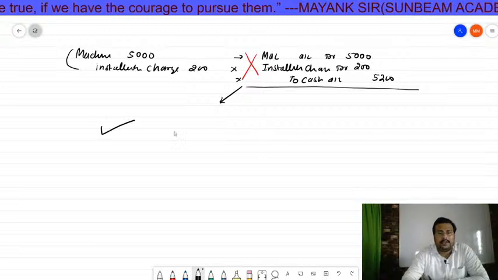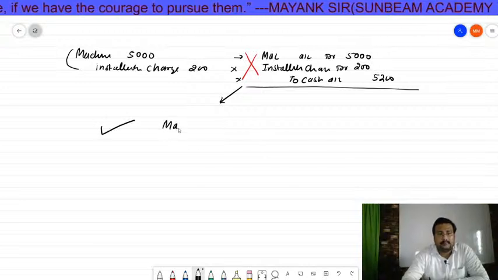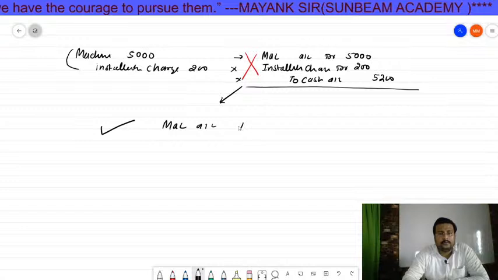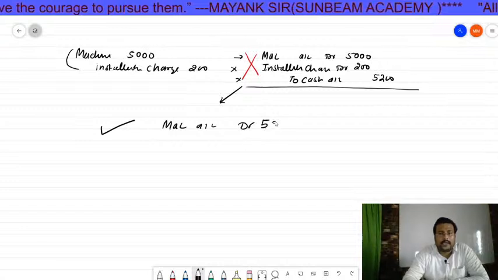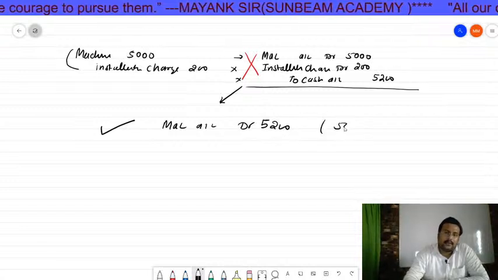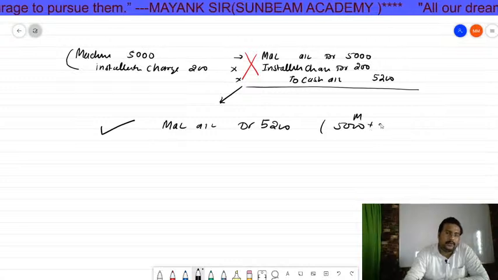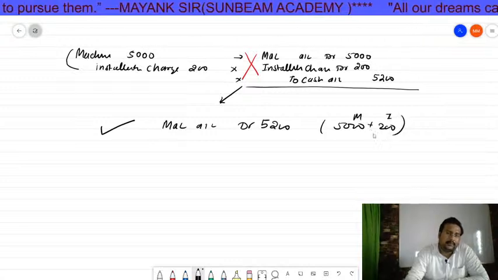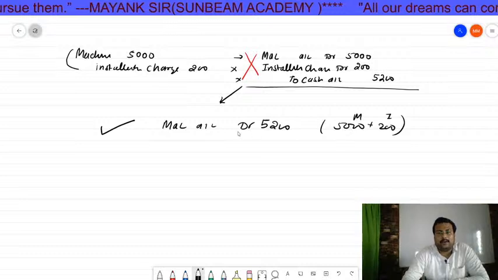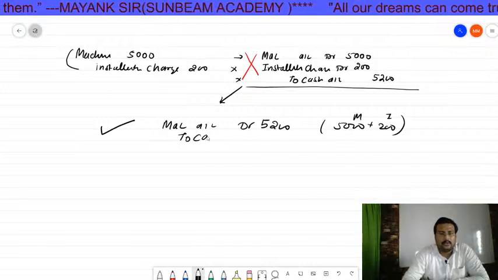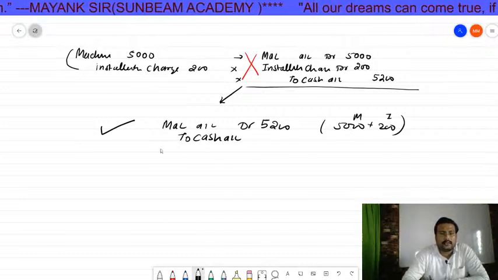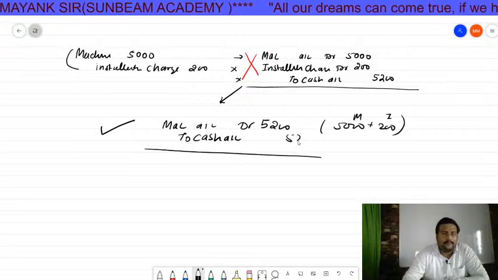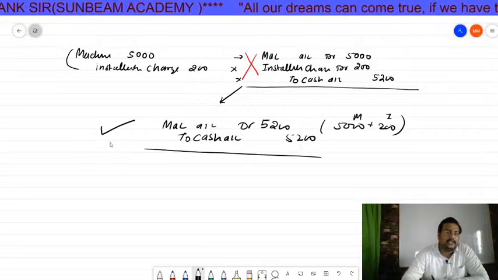So the right entry is: machinery account debit 5,200, 5,000 machine value plus 200 installation value, total 5,200, to cash account 5,200. This is the right entry.